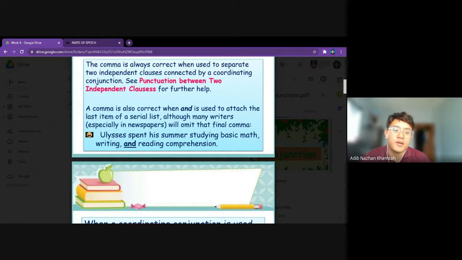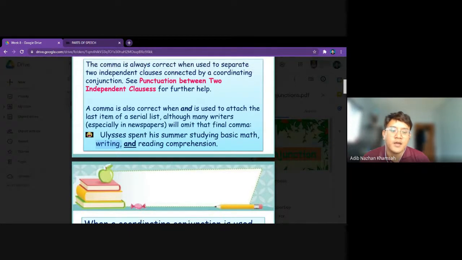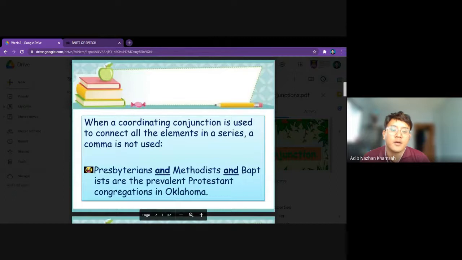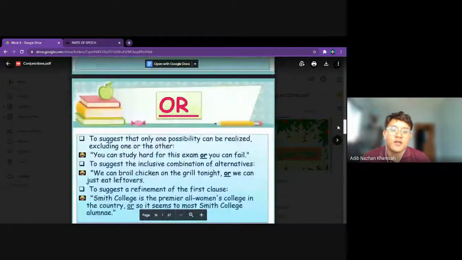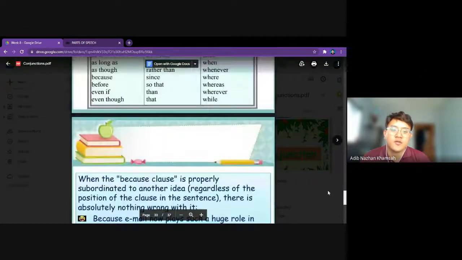For example, in this sentence, Ulysses spent his summer studying basic math, writing, and reading comprehension. And we call it the Oxford comma. Oxford comma we put before and. Try Google Oxford comma. What does it mean by Oxford comma? All of this, you can read. I will share this one with you in the near future as well.